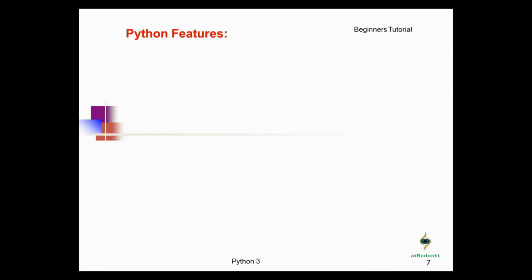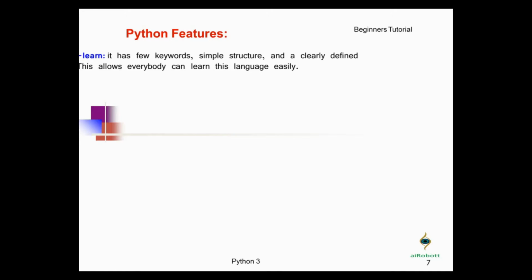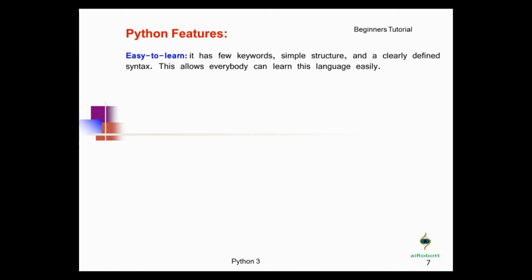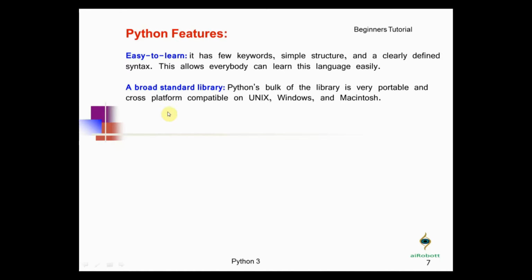Let's see the features of Python. It is an easy to learn and easily learnable language. It has few keywords, simple structures, and a clearly defined, elegant syntax, so everybody can easily learn this language.